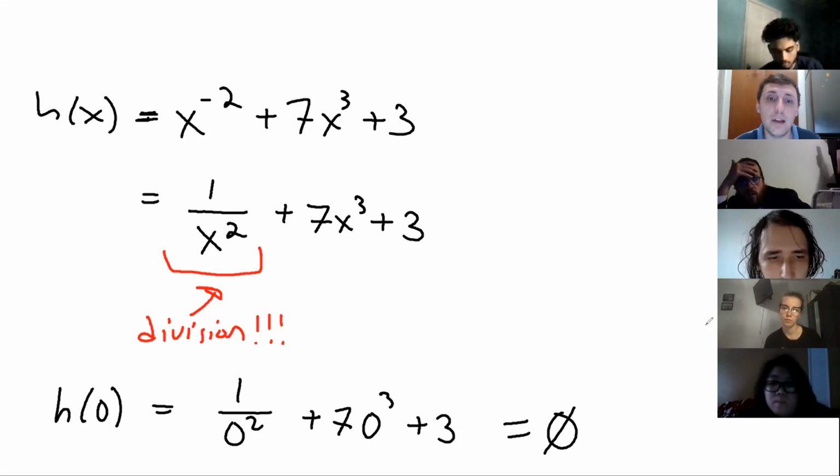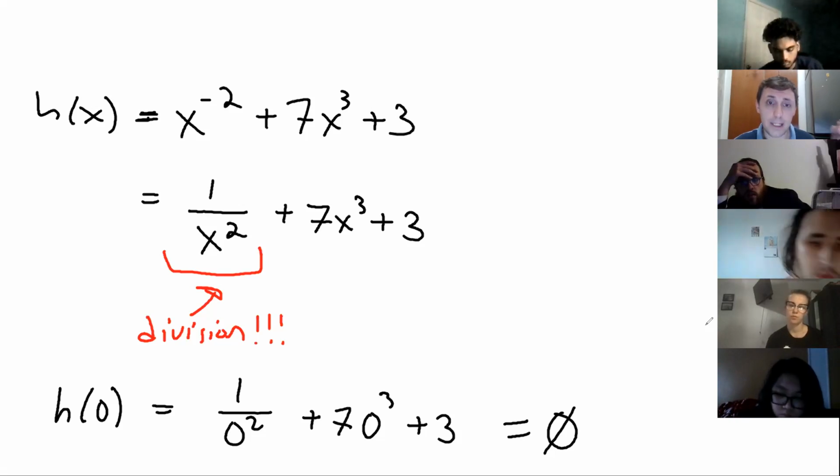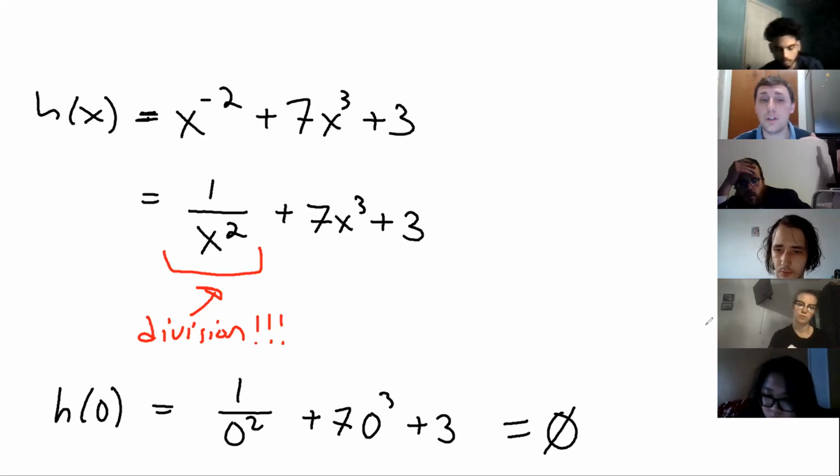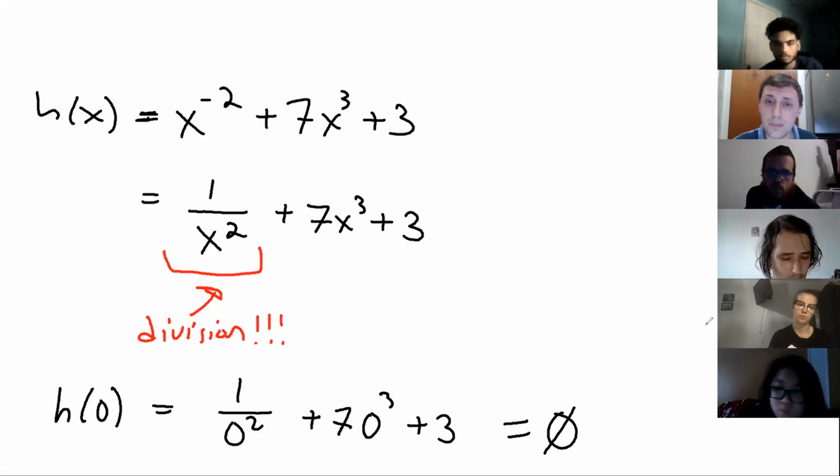So I find that this expression, I like the German word Eigenschaft. I found a property, a unique quality of this particular function that will not be shared by any function that only employs addition and multiplication. Are you seeing what I'm saying, guys? Christiana, everybody? Yes? 0 causes problems.